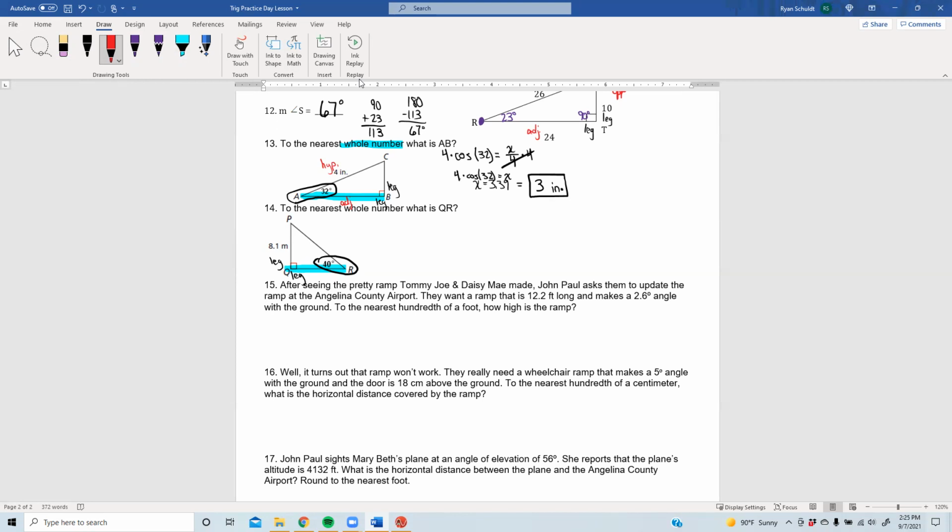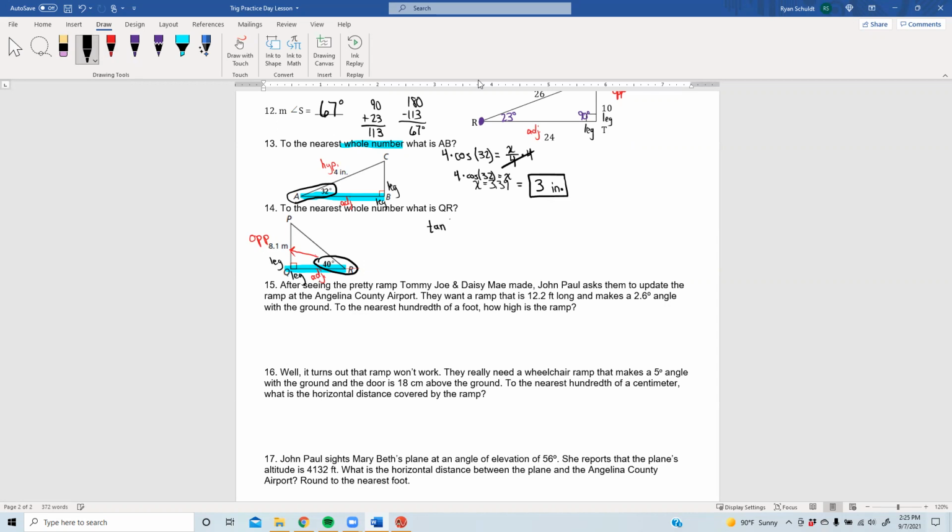So how is QR, the one I highlighted, positioned in regards to the angle? It's next to it, right? So that means it is our adjacent. What about this 8.1? It's opposite. So which one uses opposite and adjacent? Tangent.